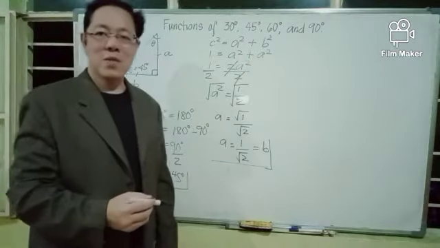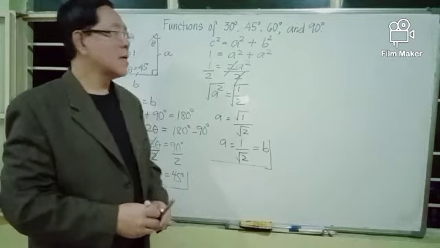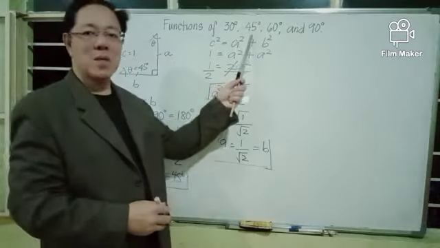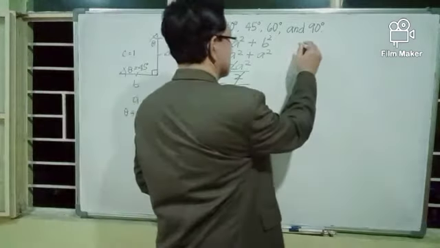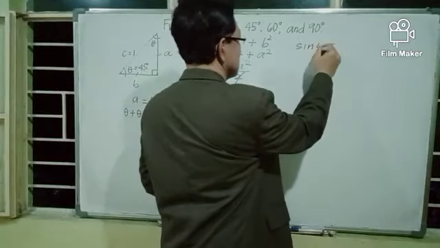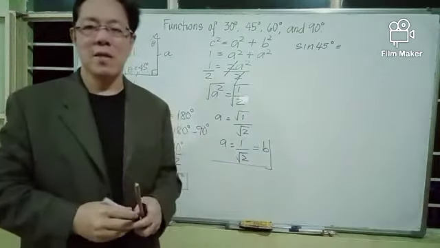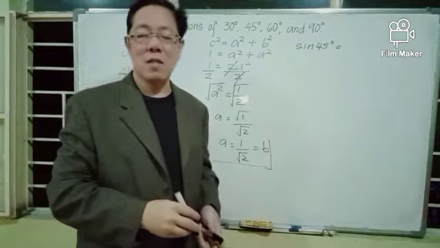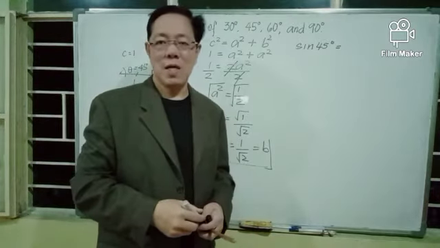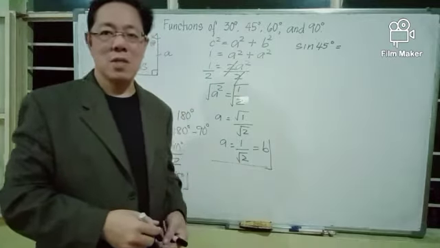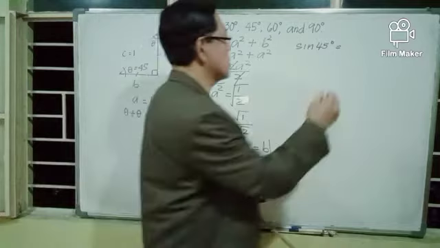Now we are ready to find the values of the 6 trigonometric functions of the special angle 45 degrees. We start with sine of 45 degrees. As we defined in the past lesson, the value of sine of an acute angle is equal to the ratio of the side opposite the angle divided by the hypotenuse.